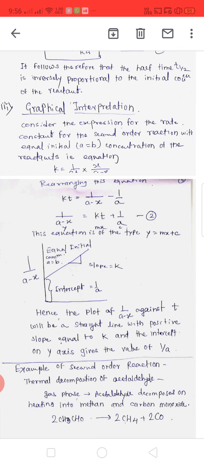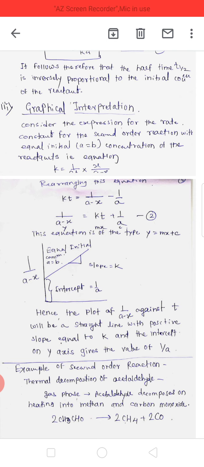Rearranging this equation, kt is equal to 1 upon a minus x minus 1 upon a. So 1 upon a minus x equals kt plus 1 upon a. This equation is of the type y equals mx plus c. Plotting the graph, 1 upon a minus x on the y-axis versus time t on the x-axis.